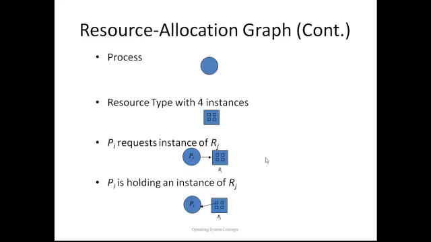If Pi requests an instance of Rj, then we will have an edge from Pi to Rj, having a direction from Pi to Rj. If Pi is holding an instance of Rj, then the edge will connect from Rj to Pi, having the direction towards Pi.